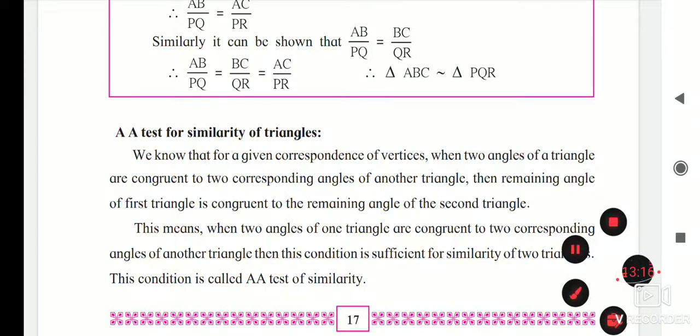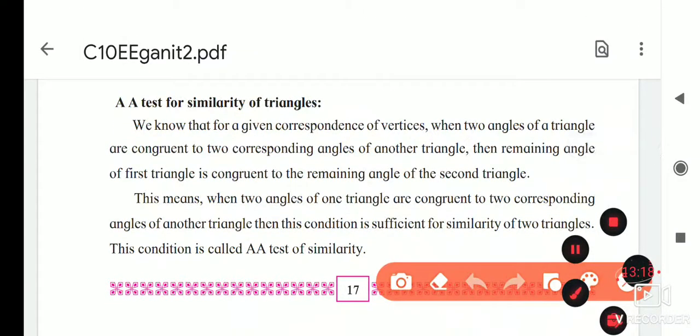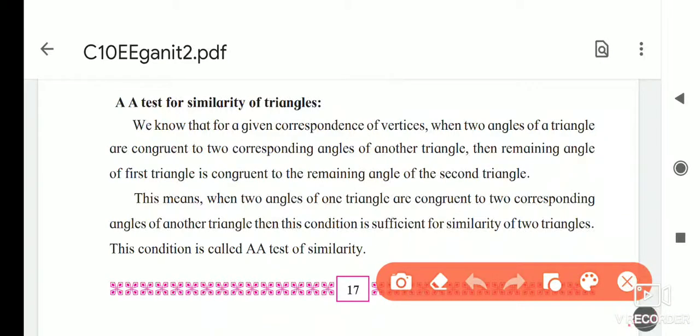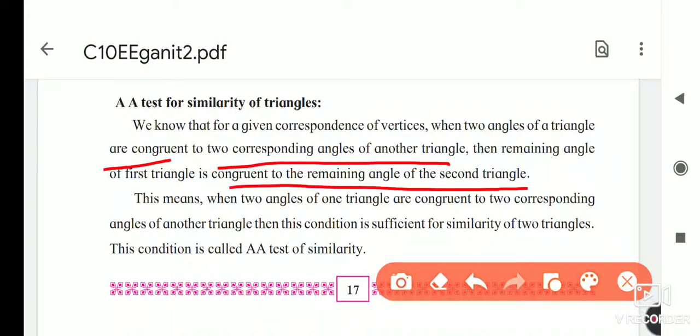We know that, for a given correspondence of vertices, when two angles of one triangle are congruent to the two corresponding angles of another triangle, then the remaining angle of the first triangle is congruent to the remaining angle of the second triangle.